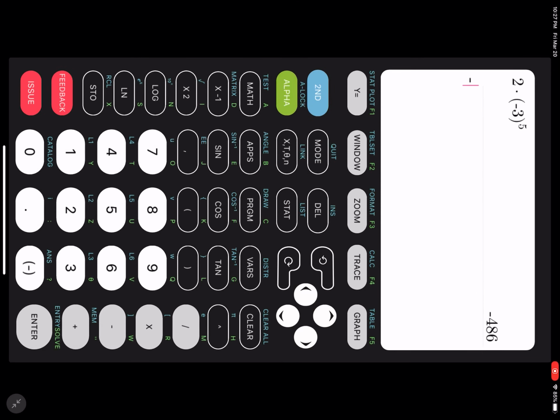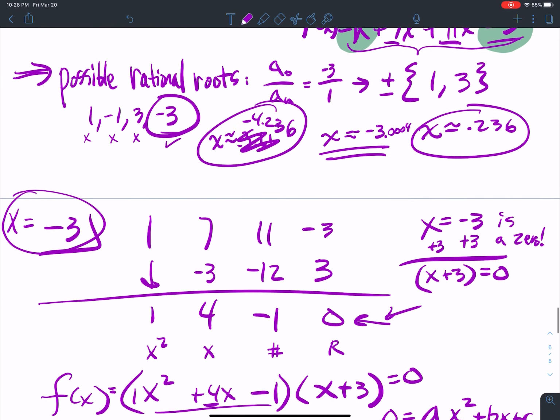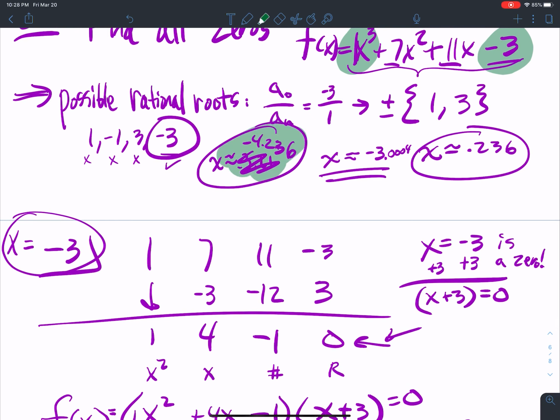Negative 2 plus the square root of 5. That's 0.236, that looks familiar. And then the negative 2 minus the square root of 5, that's negative 4.236, those both look familiar. Where are those coming up? They're coming up right here.